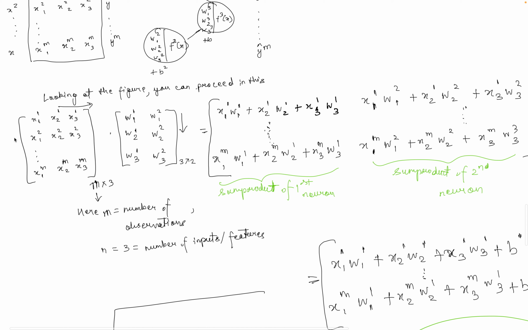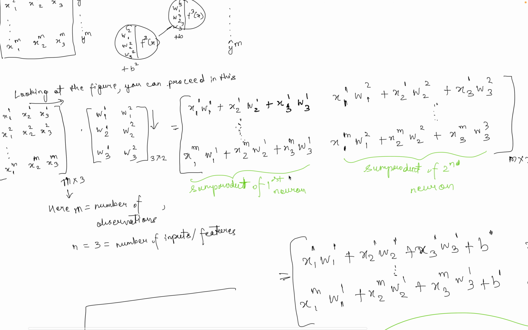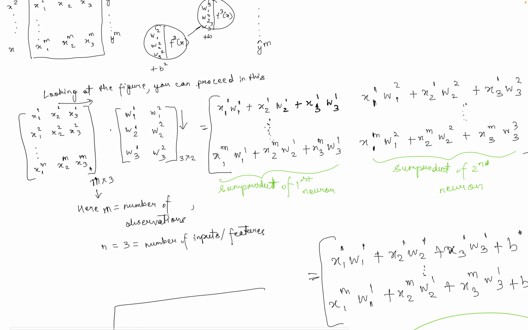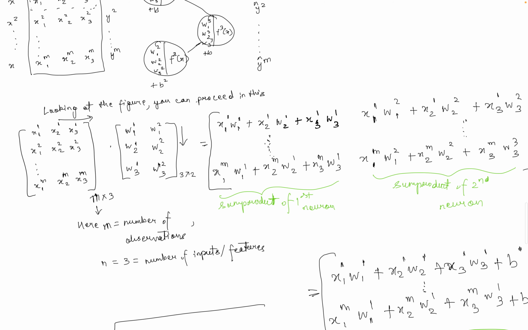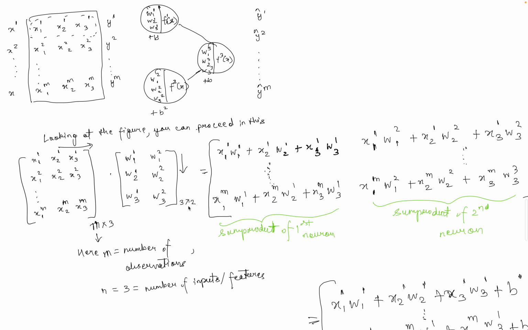Similarly, we'll go on doing this for the second observation, the third observation, and so on till m observations. The first column which you see is the sum product. You can cross check: this matrix is of dimension m cross 3, and the weight matrix of the neurons is of dimension 3 cross 2.